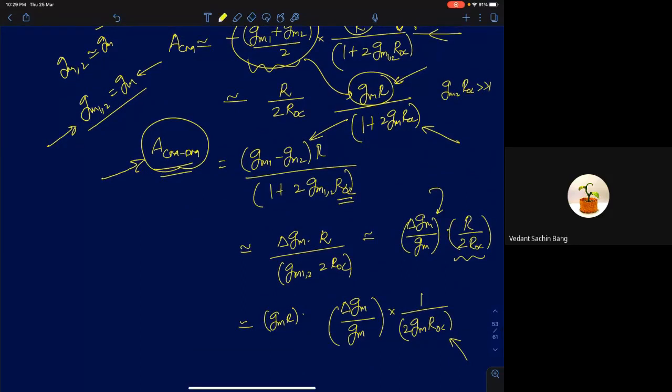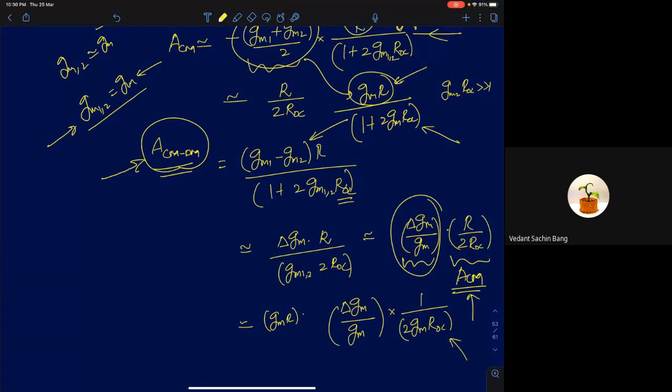So I've always written ACM-DM as a fraction of the common mode gain, ACM. This is the fractional error in the transconductance times the ACM. To begin with, ACM will be much smaller in a current biased amplifier, and ACM-DM will be a small fraction of ACM itself.